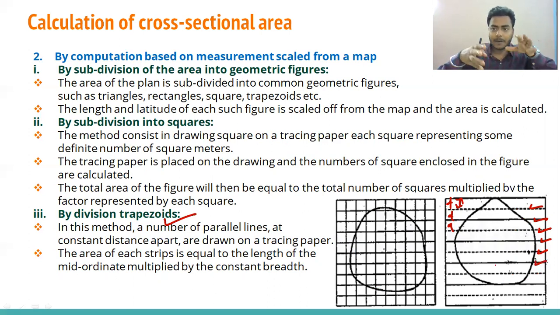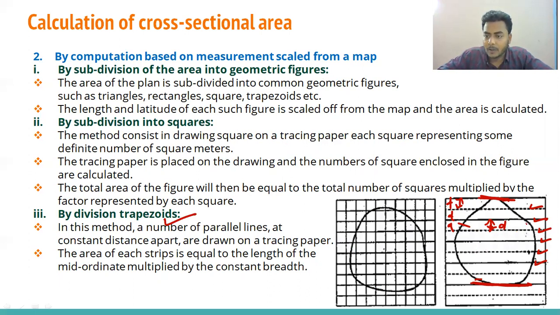Then we place the tracing paper on the map in such a way that the area we are going to calculate lies within two parallel lines, like these lines, touching like this. Now we can take the ordinates, and we can apply the trapezoidal rule and Simpson's rule to get the area.